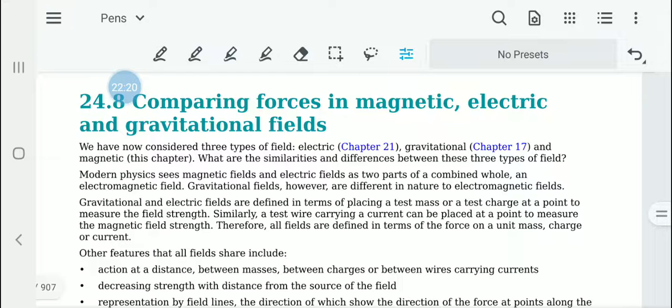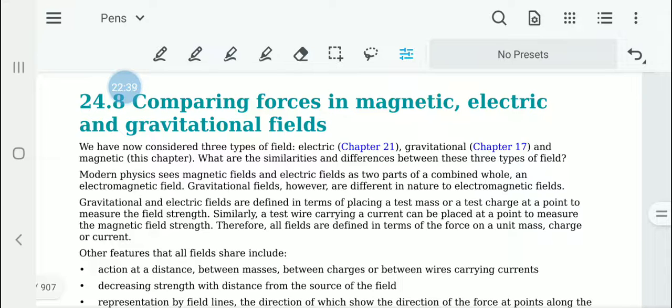Now what we are going to do is compare the forces in magnetic, electric and gravitational fields. So we have discussed three different types of field: electric, gravitational and magnetic.